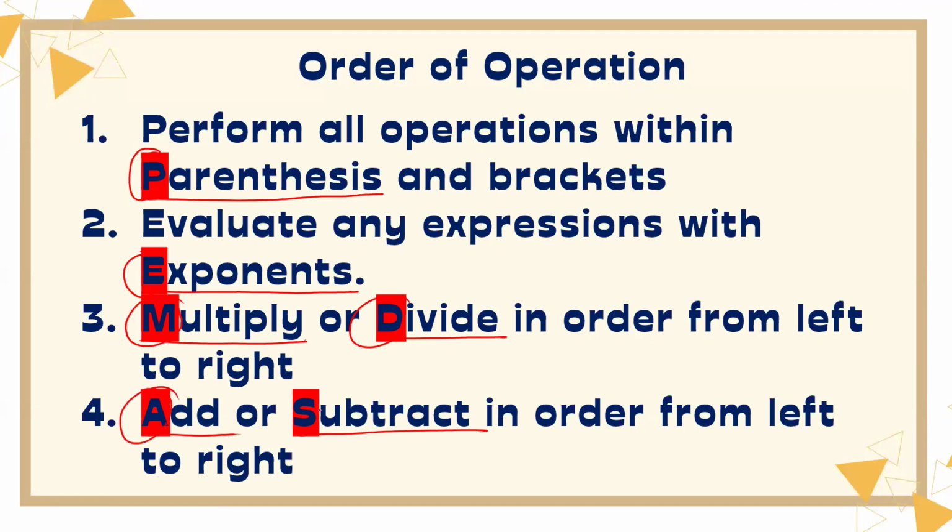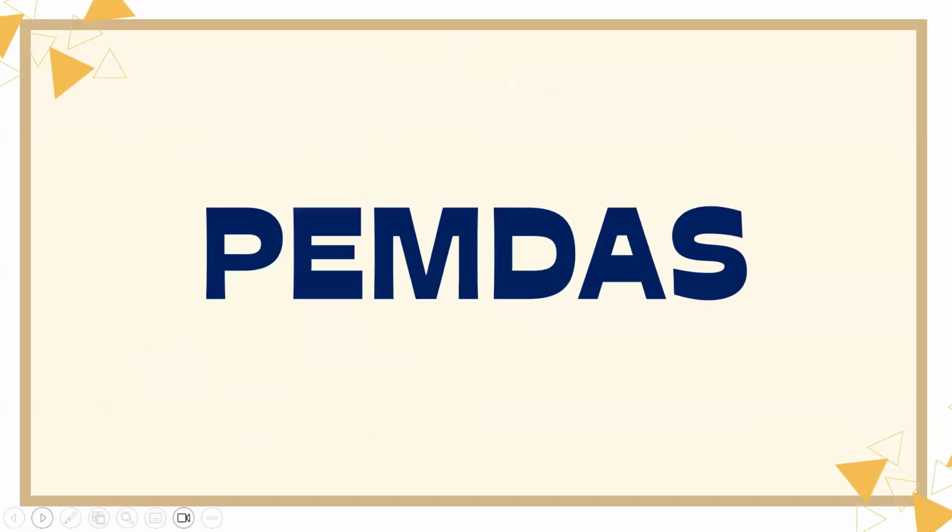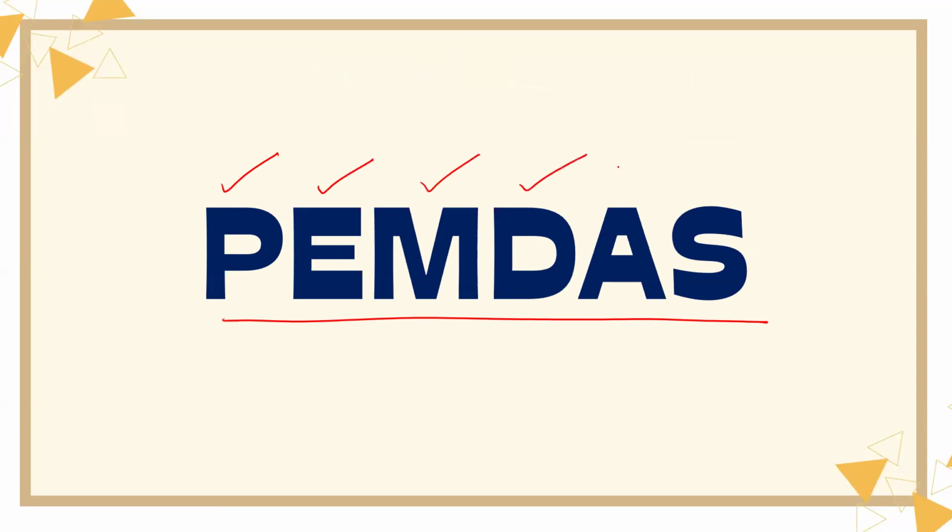And addition and subtraction come last, which represents AS. So we can easily remember this order through the mnemonic device, which is very popularly known as PEMDAS: parentheses, exponents, multiplication, division, addition, and subtraction.